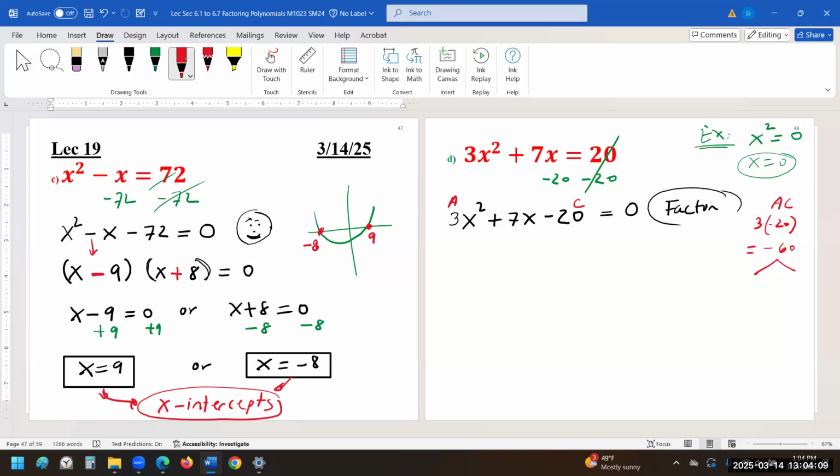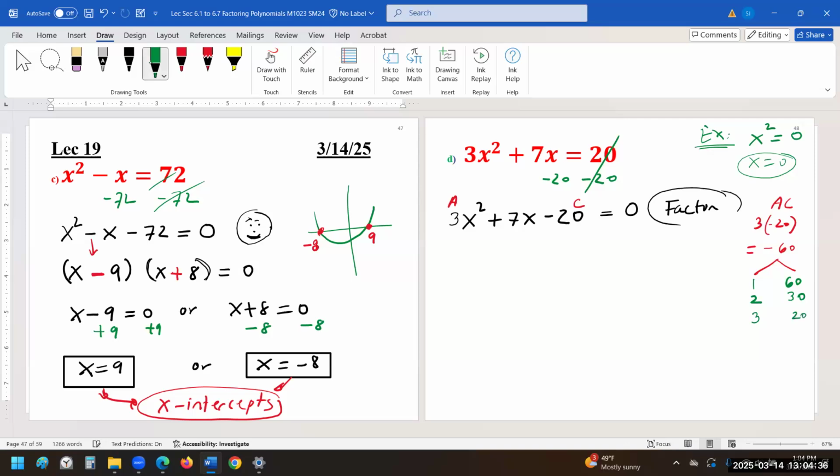1 times 60, 2 times 30. So let's do that actually. 1 and 60. Do you get 7 from these? 2 goes to 60 how many times? 30. Do you get 7 from here? 3 goes to 60? 20.